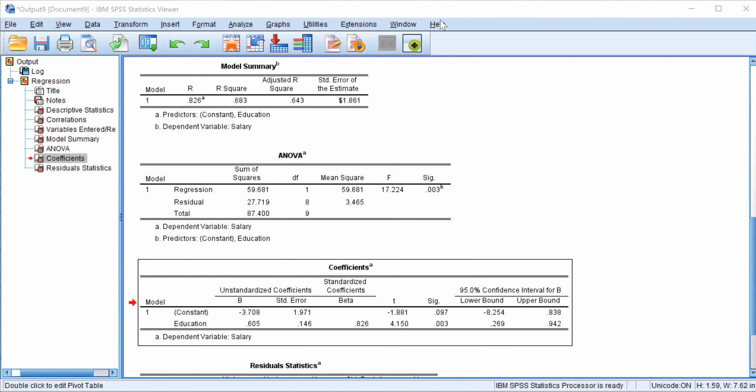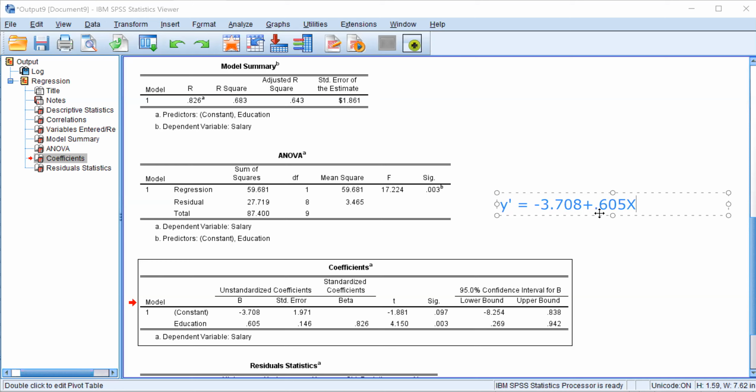If we write the regression equation based on this, it will be Y prime, the predicted salary, equal to the intercept, negative 3.708, plus the regression slope 0.605 times X, which is the years of education.